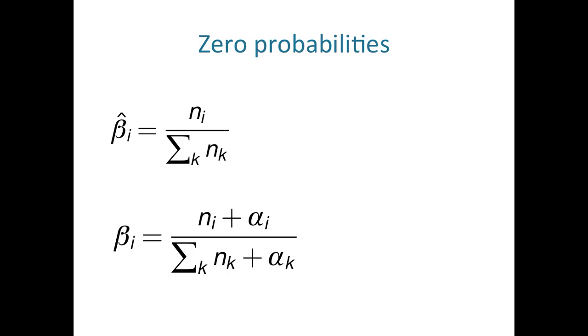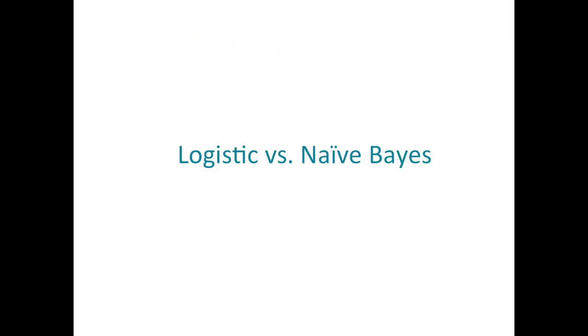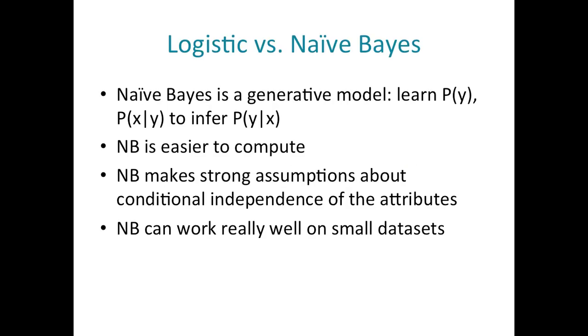To summarize, and before we move on to Naive Bayes in R, I would like to give a comparison between the two classification methods that we have learned in this class. Naive Bayes, remember, is a generative model, so it attempts to generate the way the classification is done.